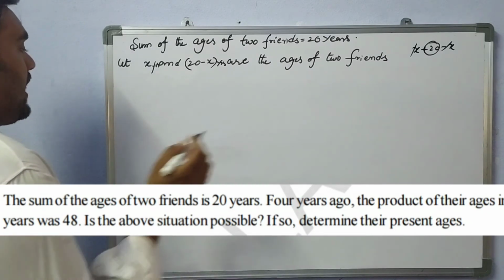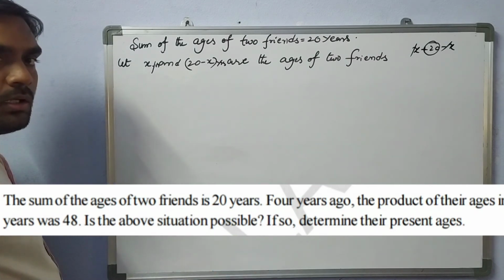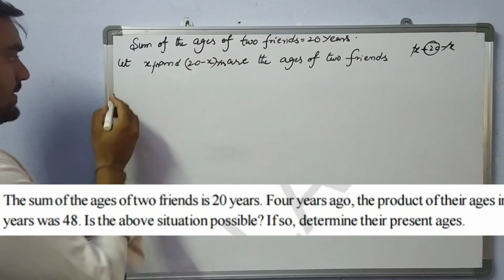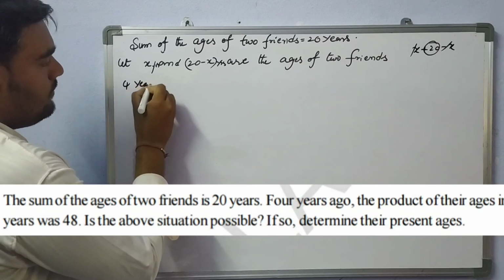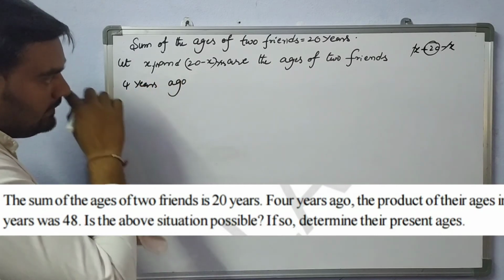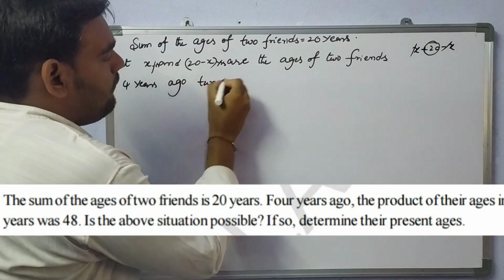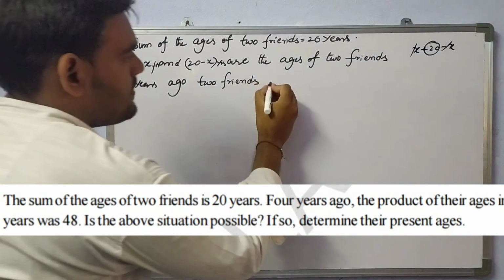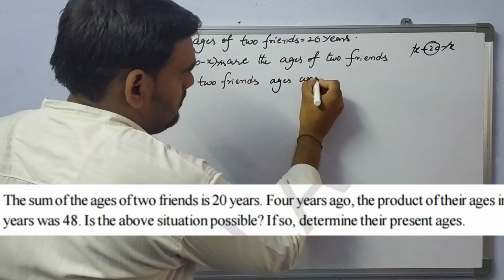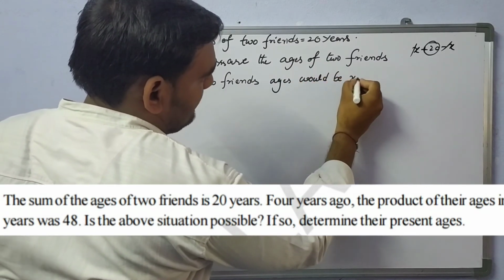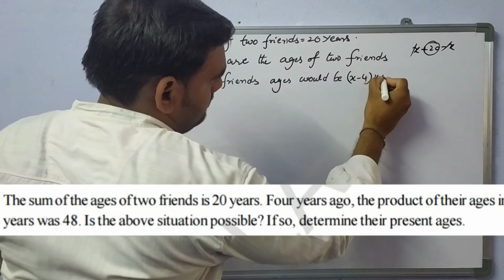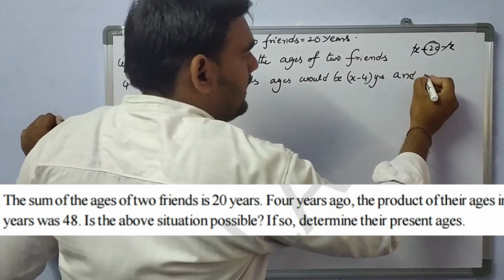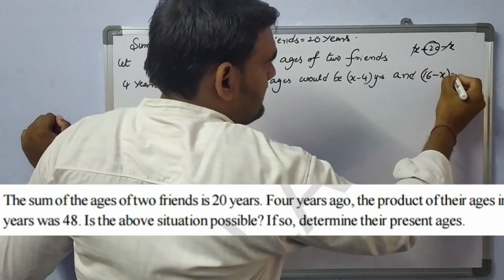Now we have to write 4 years ago. The ages of two friends would be x minus 4 years and 20 minus x minus 4, 16 minus x years.